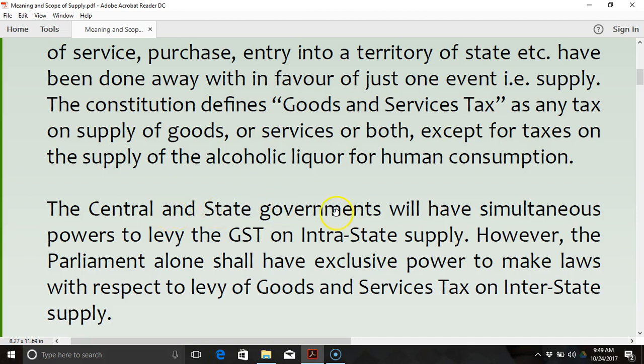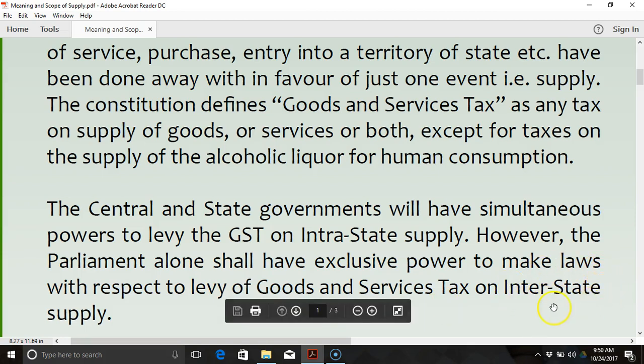The central and state governments will have simultaneous powers to levy the GST on intra-state supplies. In case of intra-state supply only, both have simultaneous power to levy GST. However, the Parliament alone shall have exclusive power to make laws with respect to levy of goods and service tax on interstate supply.